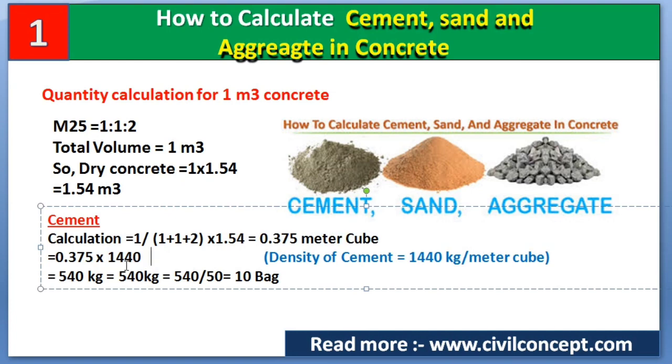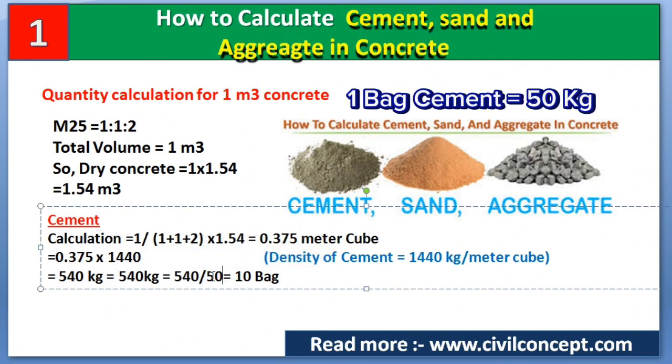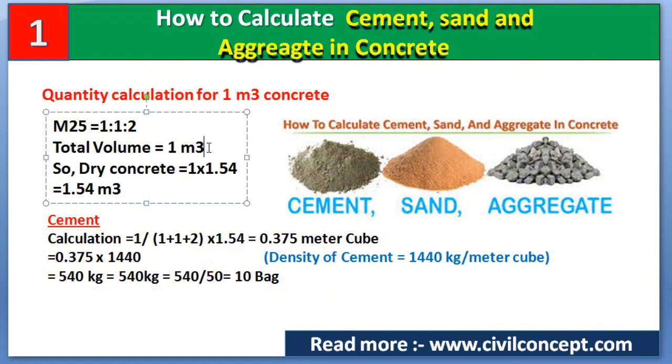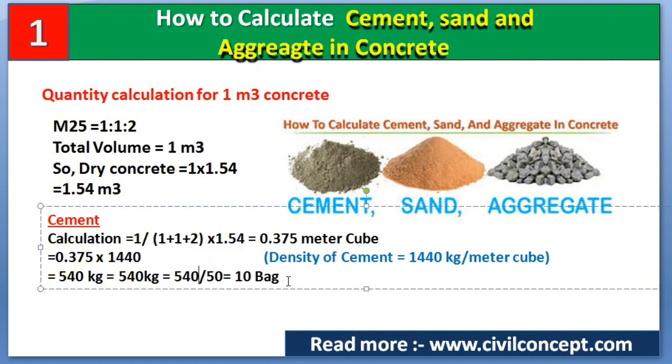When we convert it into kg, we multiply volume by density, and we get 540 kg. When we divide it by 50, because in the market 1 bag of cement is equal to 50 kg, we get 10 bags of cement. So for 1 meter cube of concrete we need 10 bags of cement.